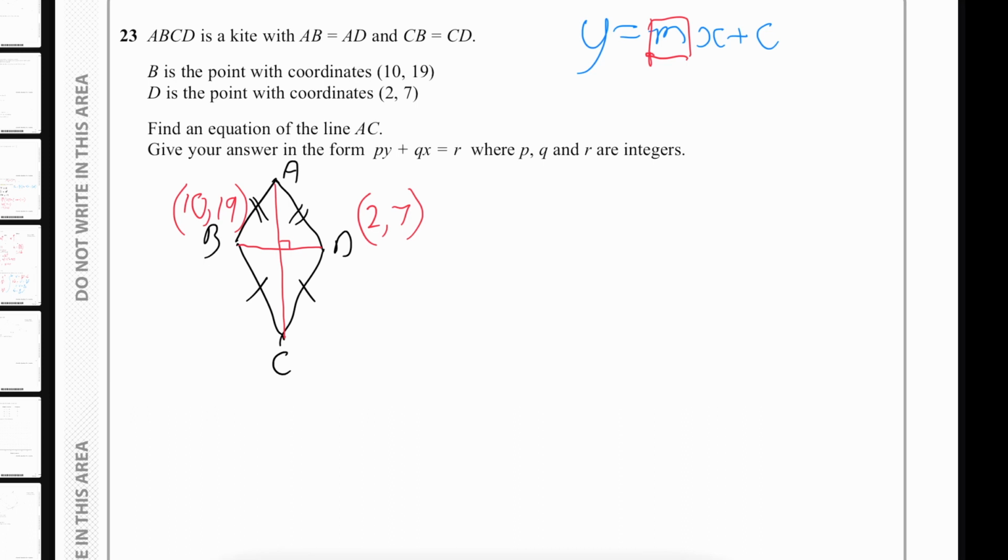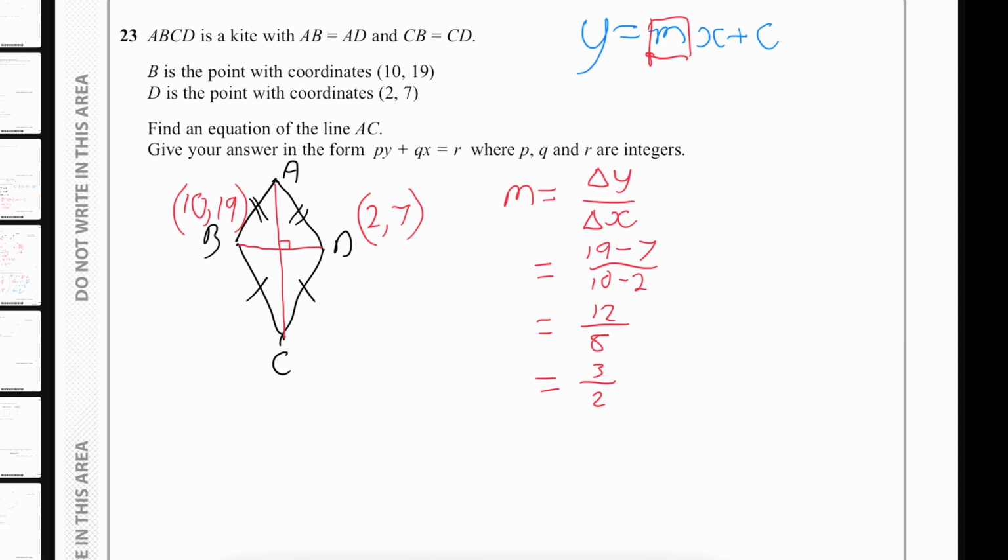So let's do that. My m value, my gradient, is the change in y over the change in x. My change in y being 19 minus 7, and my change in x 10 minus 2, so we get 12 over 8, and then that can be simplified further to 3 over 2.